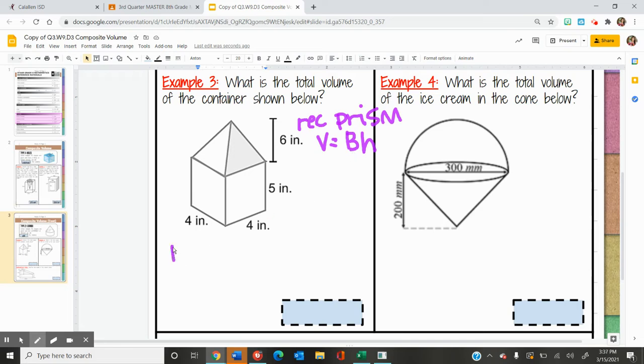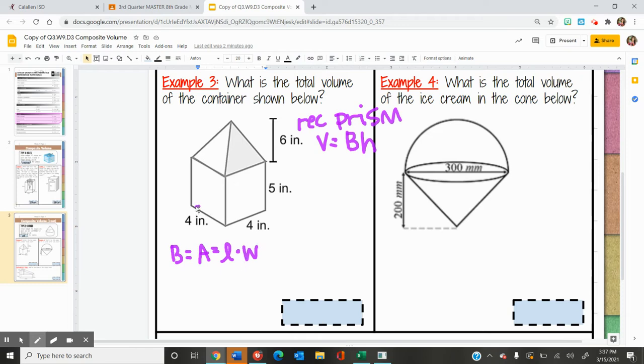Now, for the area of my base, the shape looks like a square. So the area of a square is found the same way as the area of a rectangle, length times width, or you can do base times height. I typically suggest length times width because I don't want you to confuse base times height with the height of your prism and end up putting 5 twice.